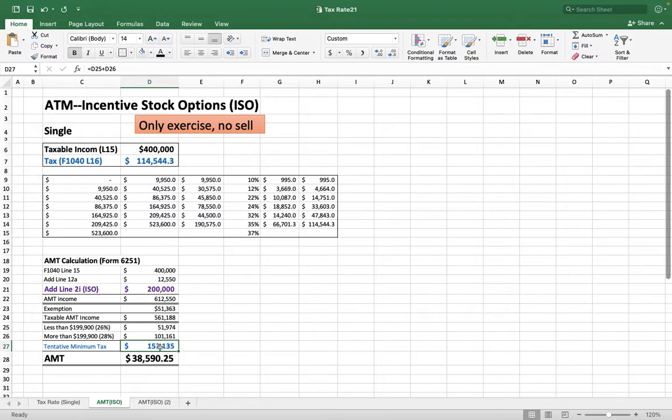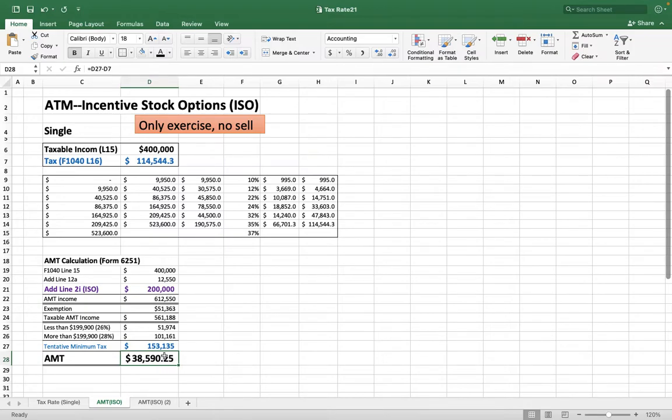You compare the tentative minimum tax with your ordinary income tax. If the tentative minimum tax is higher, you subtract the regular tax from it, and the higher amount is called the alternative minimum tax. This is the actual extra tax you have to pay.